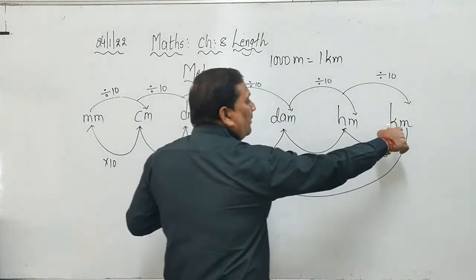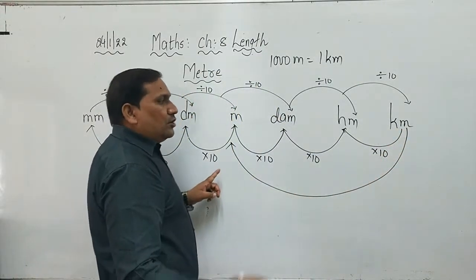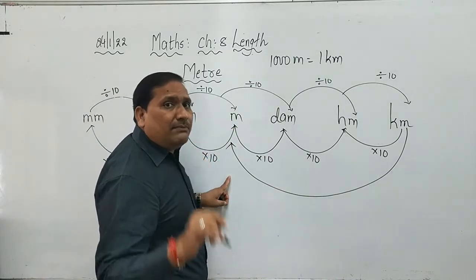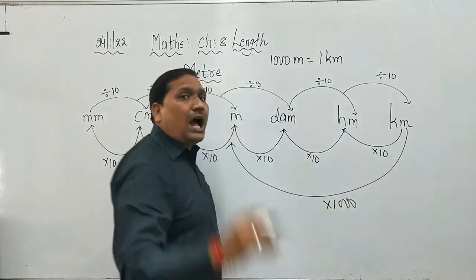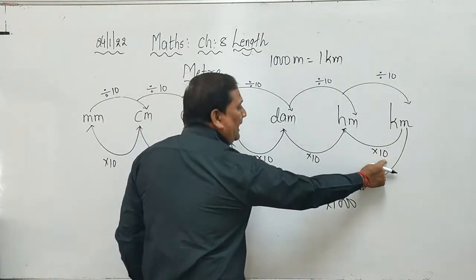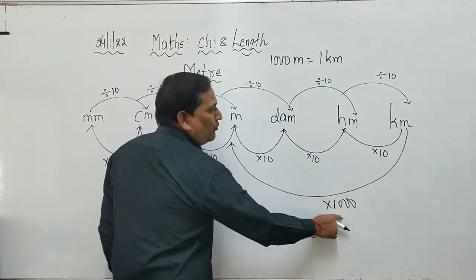So look, from kilometer when I am going to convert it into meter, it should be multiplied by 1000. Multiply किससे करना है? 1000 से. देखिए 10 10s are 100. 100 10s are 1000.